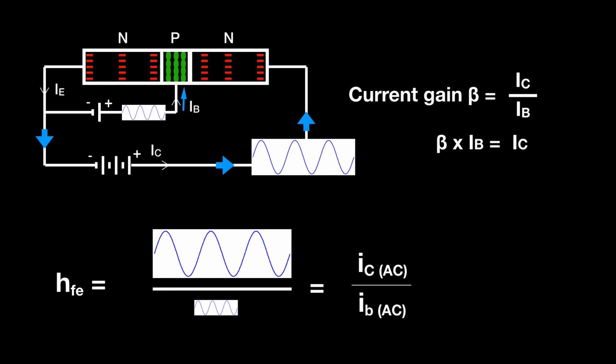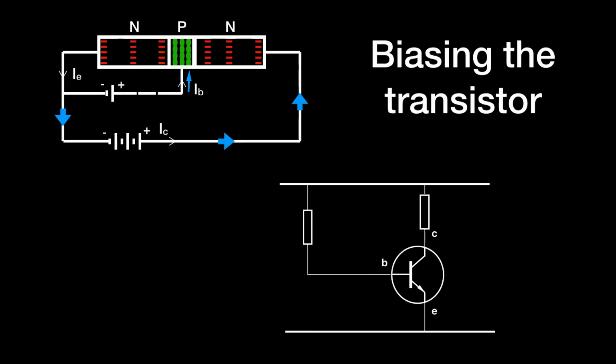Now we've said that the transistor is not switched on unless it is forward biased. And here's a circuit to forward bias a transistor. This is a circuit that you used in the intermediate course for the demonstration of transistor as a switch.